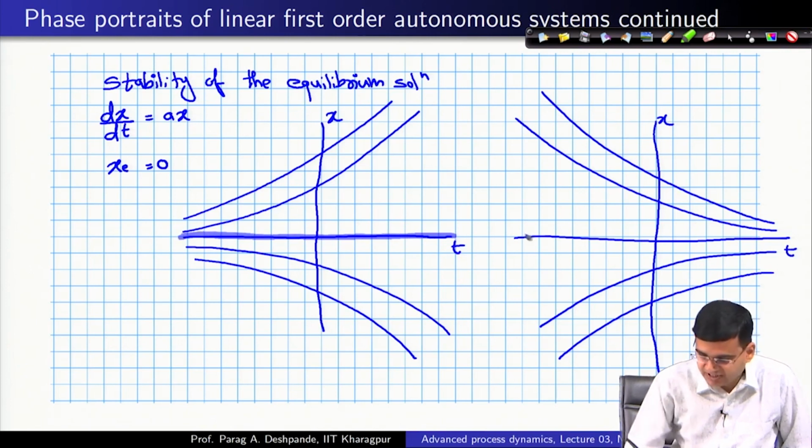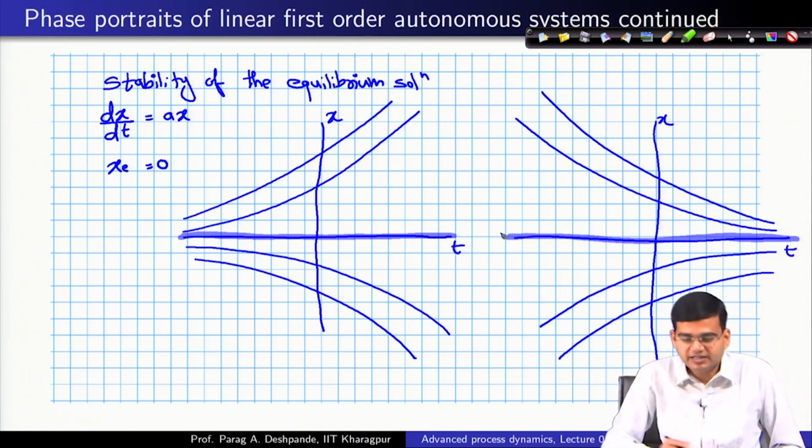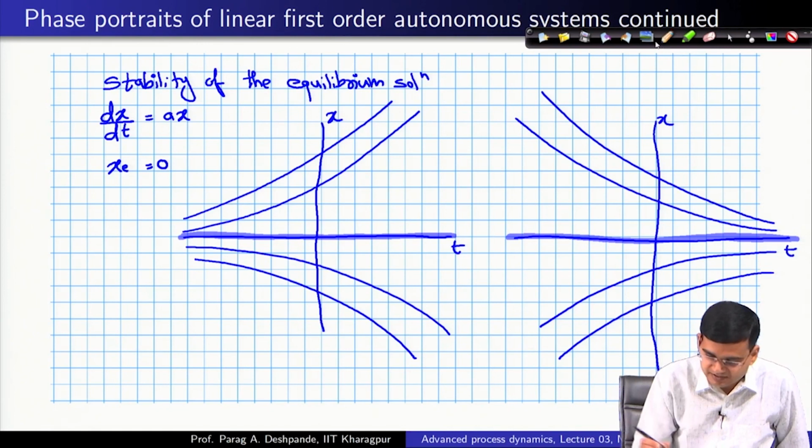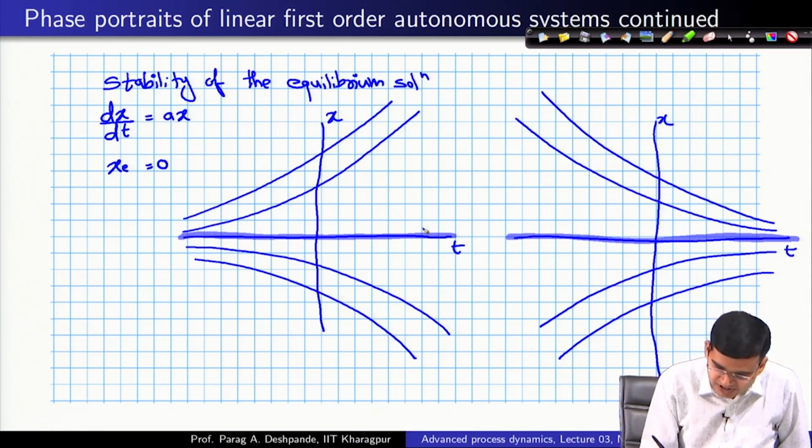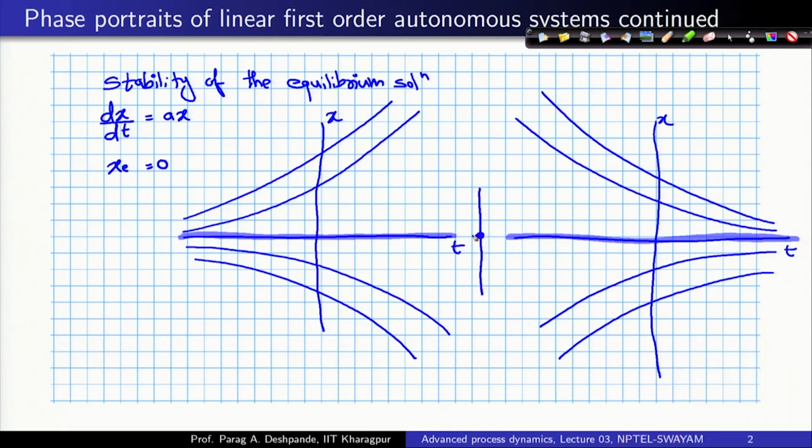This is the equilibrium solution, right? x is equal to 0, this is the equilibrium solution. So, therefore, in this case you see that the system is moving. Schematically I can represent this, that for this particular case, the equilibrium solution is here. So, the solutions are moving away from x e equal to 0.